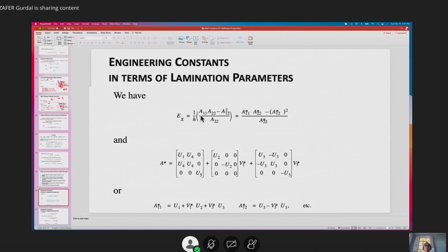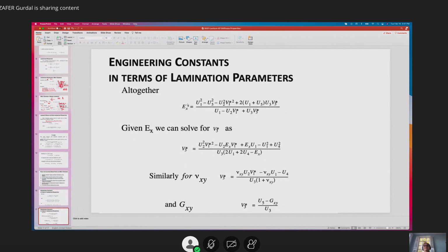This is already covered, but we have the engineering constants in terms of A's, but you can also find the engineering constants in terms of V1 star and V3 star, which means that the modulus G and nu are actually linear expressions in many cases in the lamination diagram, not EX. Nu and G are linear expressions.